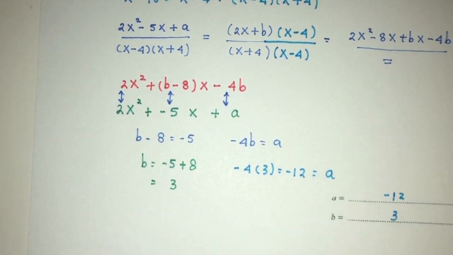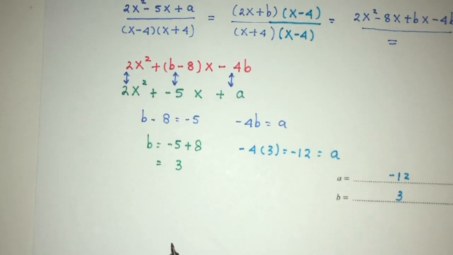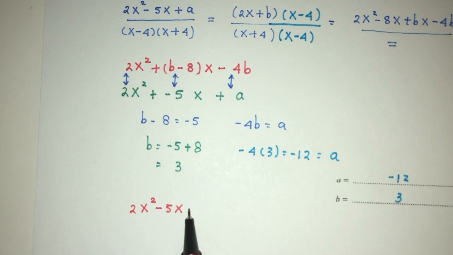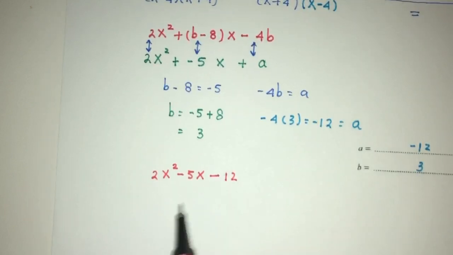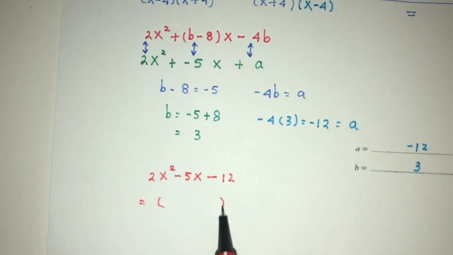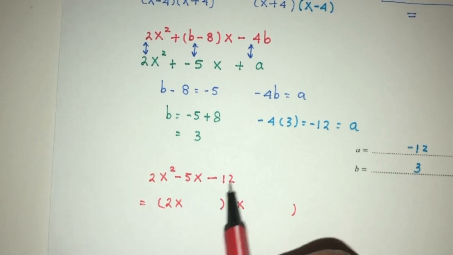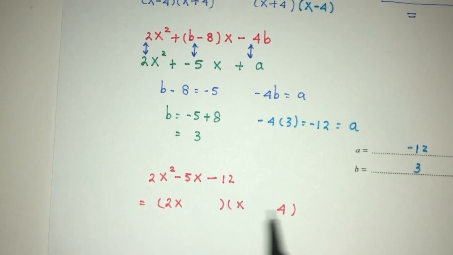Now again, you can always go back and check the value if you want to. So let's say we go back on top, we have what? We have 2x squared minus 5x plus a, which is minus 12. Let's try to factorize this. That will be 2 brackets. That will be 2x times x. And that should be 4 times 3.